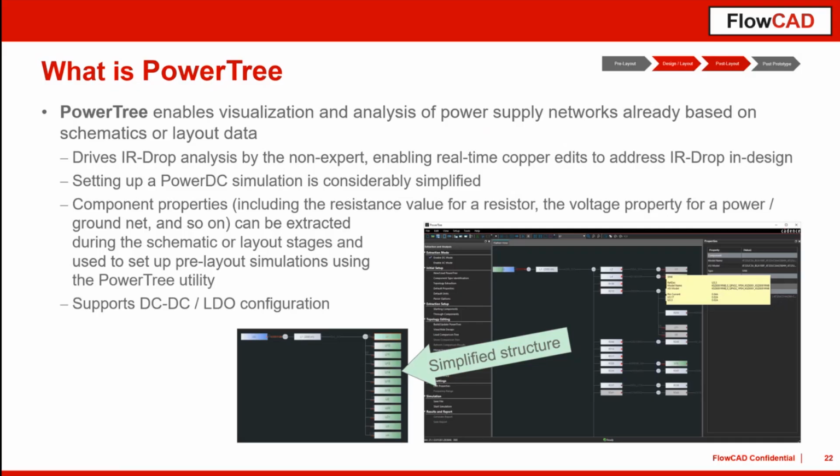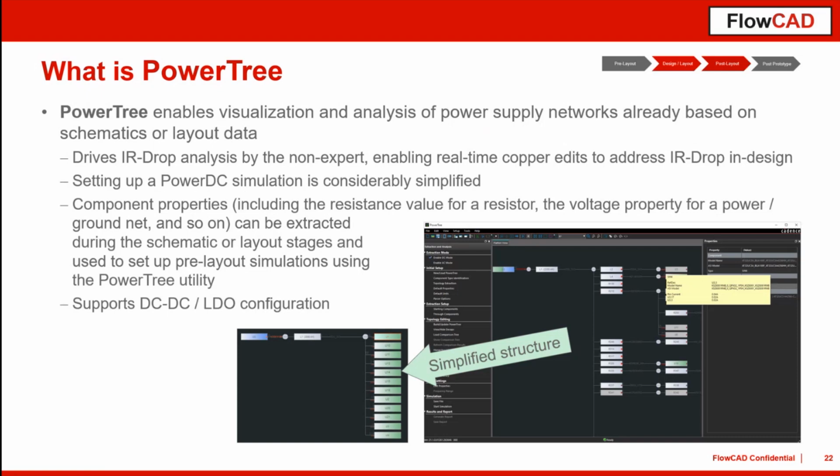So, okay, what is the power tree? In the power tree, you load the complete design, and then you can define so-called through components. For example, here we have this U2, which is our voltage regulator, and then here we have an inductor as a so-called through component, and then this expands the complete power tree.